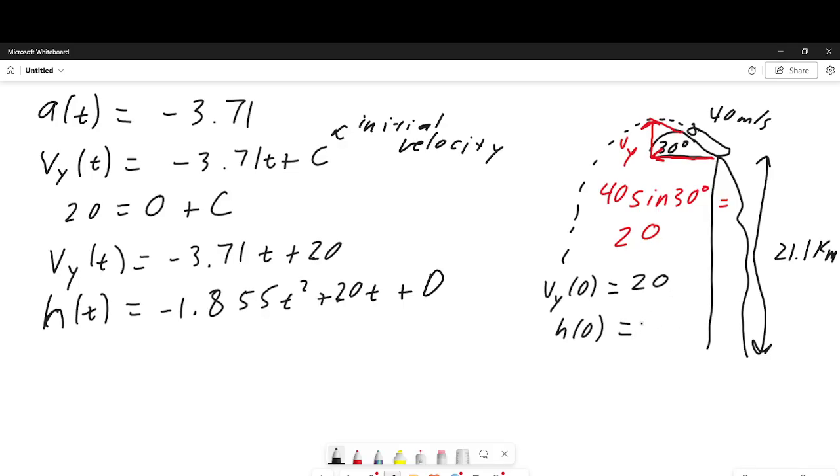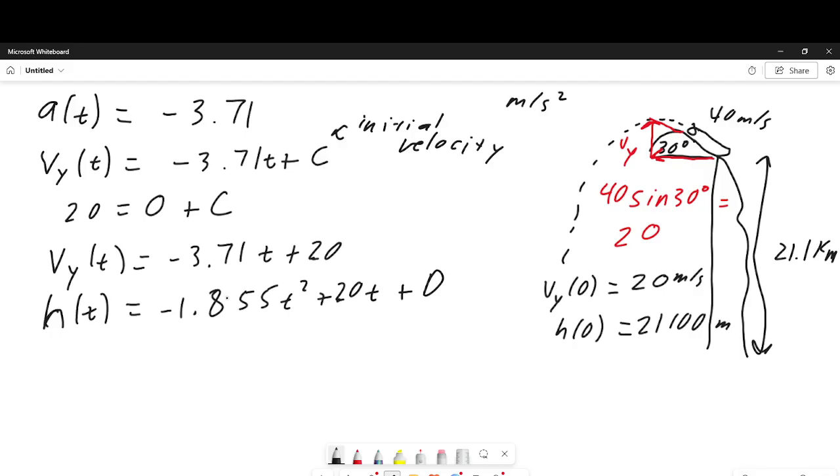Well, let's be careful here. This is meters. Acceleration is meters per second squared. This thing is meters per second. We would need this to be in meters for it to make sense, so let's convert that to 21100 meters.